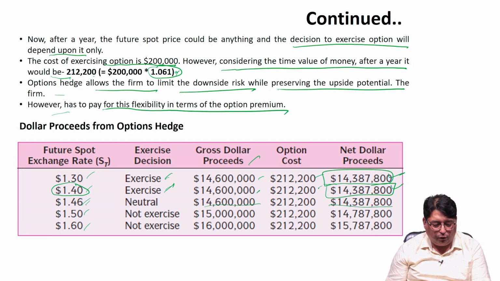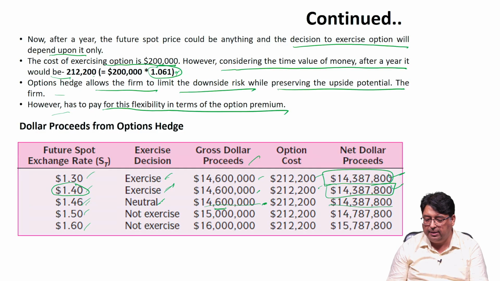So, the firm can go for what we call hedging through options, or it may not. Because what happens if it is 1.46, if there is no options contract, the firm will receive 1 crore 46 lakhs dollars. So, after taking the options strategy for hedging the position, if 1.46 is the strike price, then if the firm exercises the option, it gets this much amount of dollars.